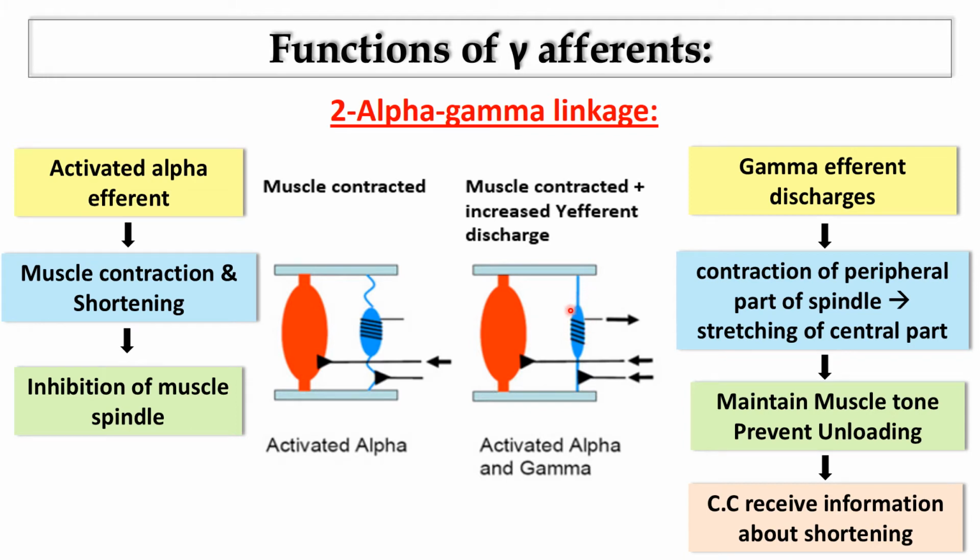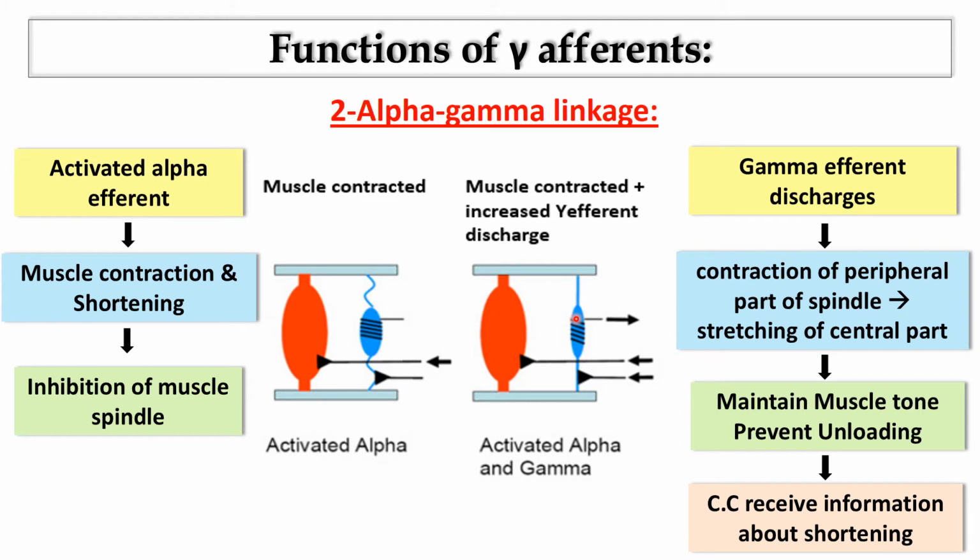So the central receptor part will be stretched. On the contrary to before, where there is no stretching, here there is a stretch because we increase the gamma efferent discharge. We stimulated gamma fibers. So there is contraction of the peripheral part of the muscle spindle, leading to stretching of the central part.